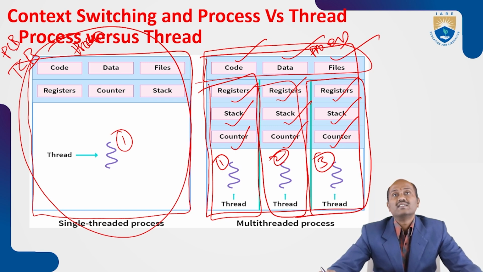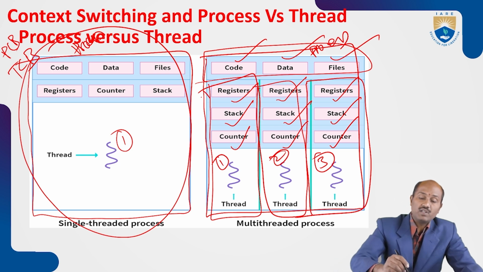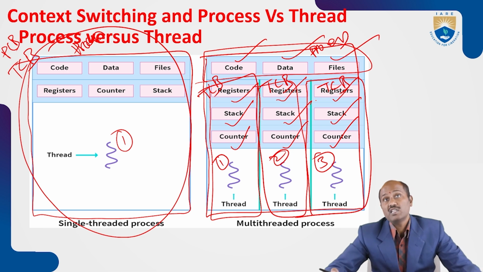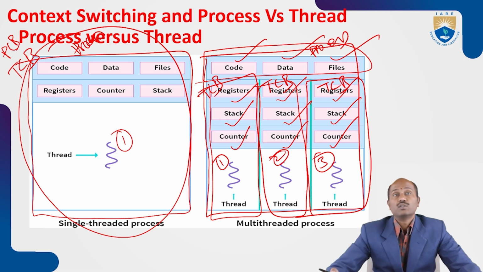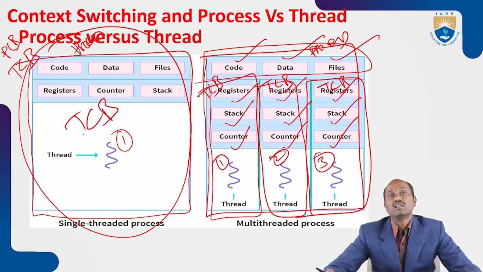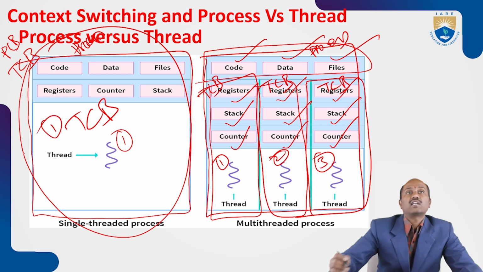So this may be considered one thread control block. This is one thread control block. This is one thread control block. A thread control block is individually different for each thread. So here, this entirely is a single thread control block. In a single thread process, there is only one thread control block.